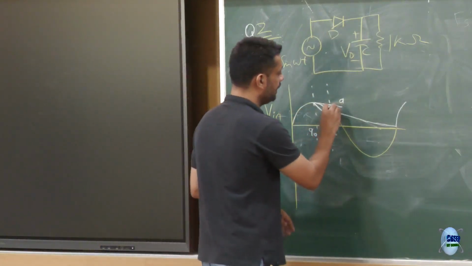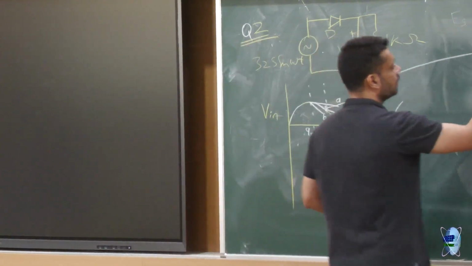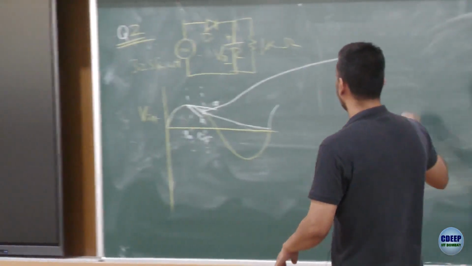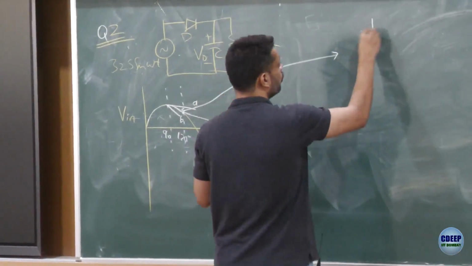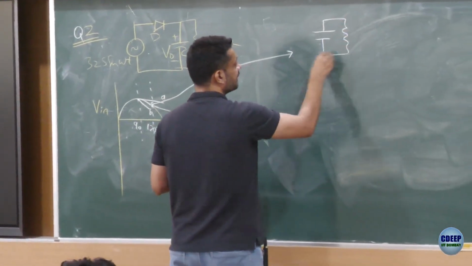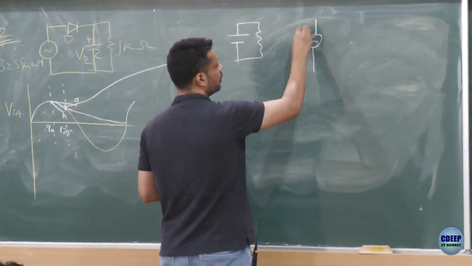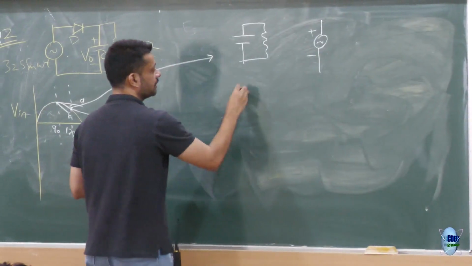So, at this point the slope of this circuit and the slope because of the input voltage are matching.